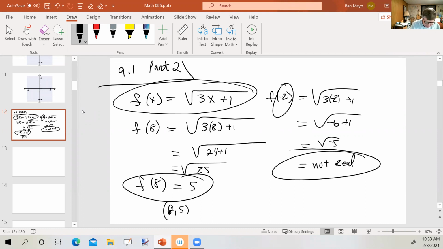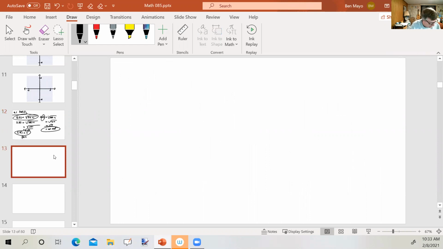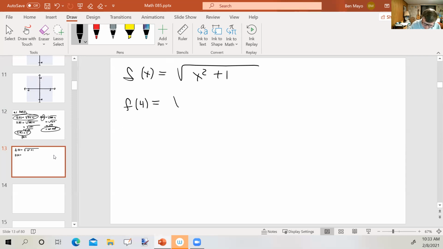All right. Now we're going to do one that's going to require the calculator to find the value. We have f of x equals the square root of the quantity x squared plus 1. F of 4 would equal the square root of 4 squared plus 1, which is the square root of 16 plus 1, which is the square root of 17.